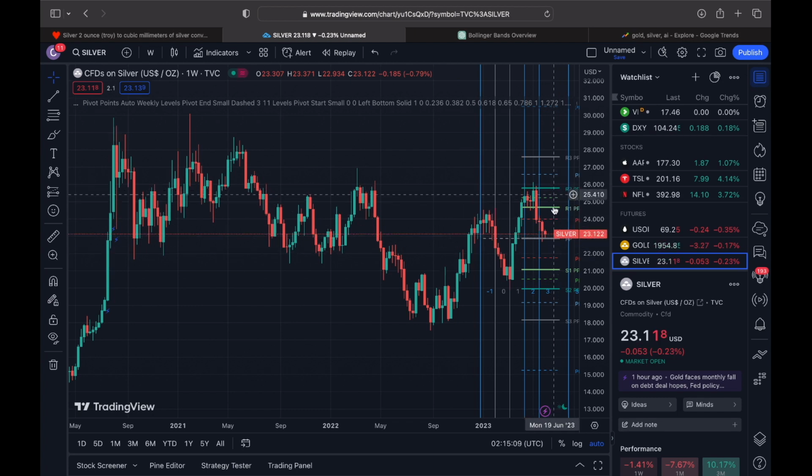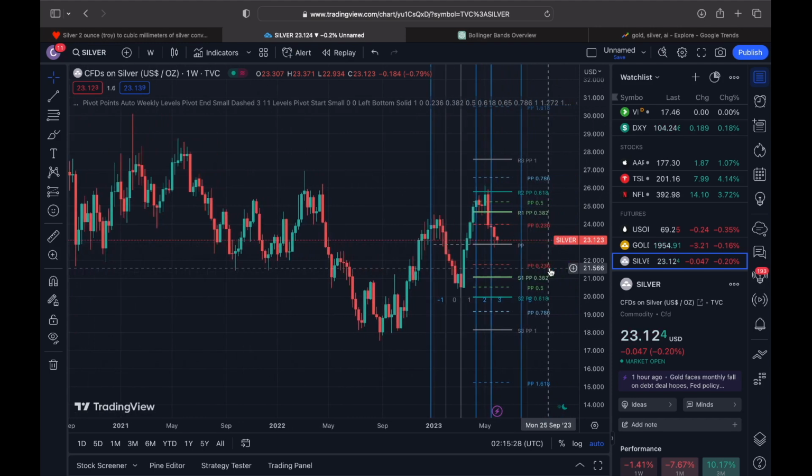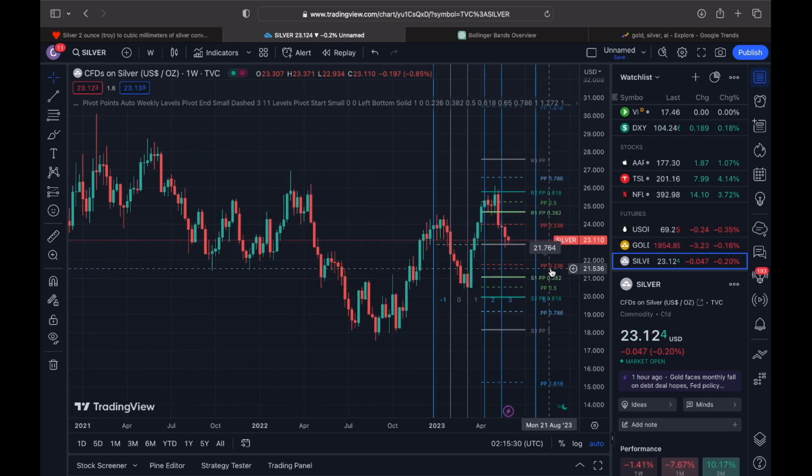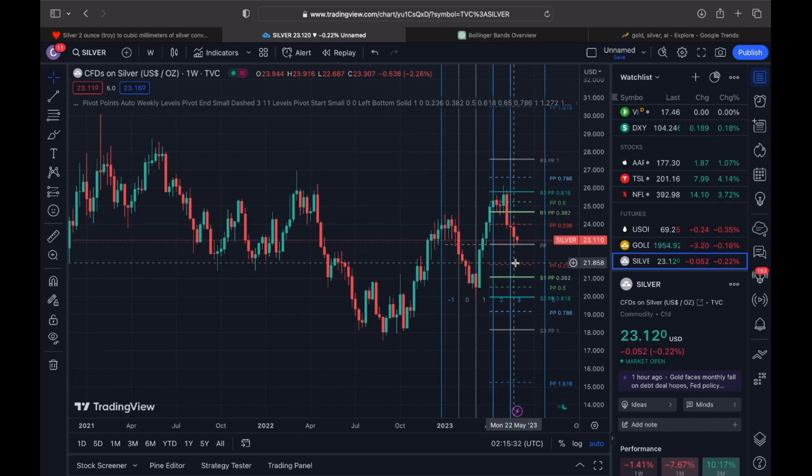Again, looking at the ones that are closest to the actual price, those are going to be your most probable next potential price targets for silver. We use the Fibonacci extension to basically find support and resistance, as well as entry and exit targets.